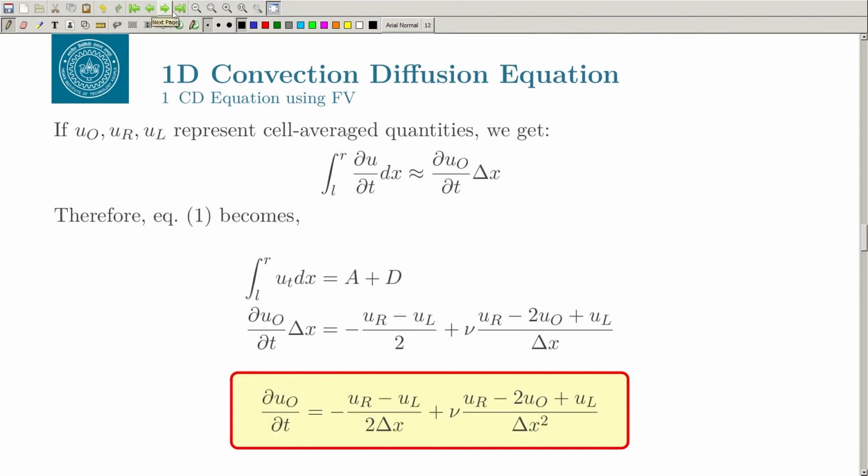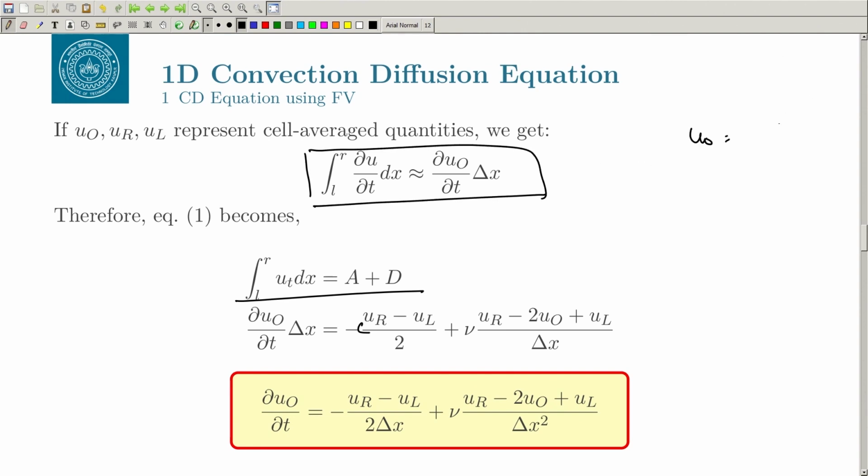So, if you combine these two, okay, right, see here. So, you combine these two and then we are saying that okay, I am using a cell average value. So, basically whatever value you have u 0, it is basically average of u into the dx, okay, and then 1 by delta x, right.